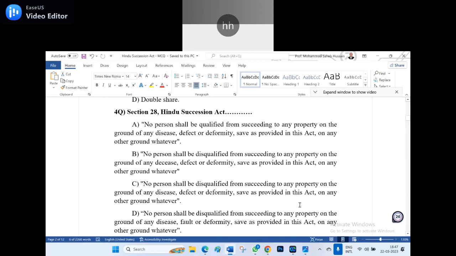C, no person shall be disqualified from succeeding to any property on the ground of any disease, defect or deformity save as provided in this act on any other ground whatever. I unquote. D, I quote, no person shall be disqualified from succeeding to any property on the ground of any disease, fault or deformity save as provided in this act on any other ground whatever. So which is the correct option of section 28? Either A, B, C or D.